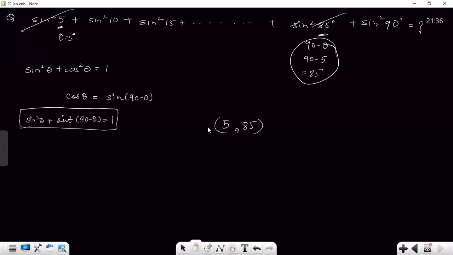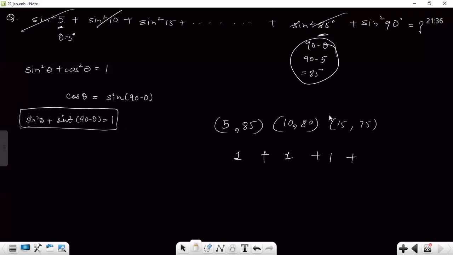So this is 1, plus another pair of 10 and 80 is also available here, which will give us another 1. And 15 and 75 will also give us another 1.